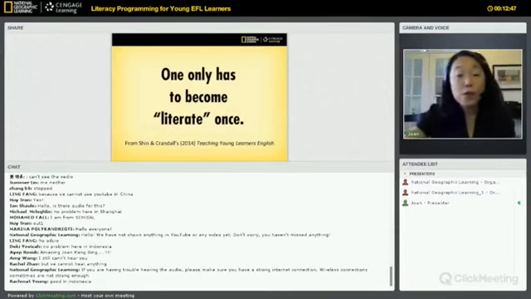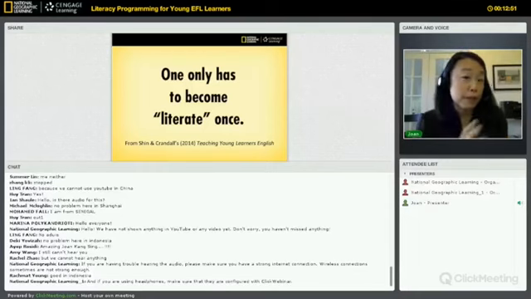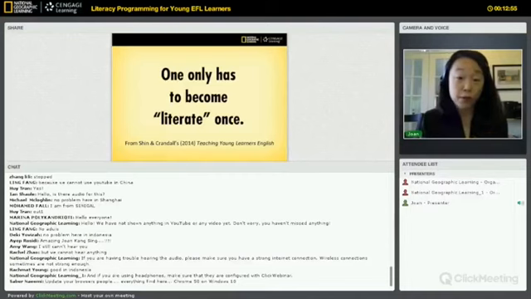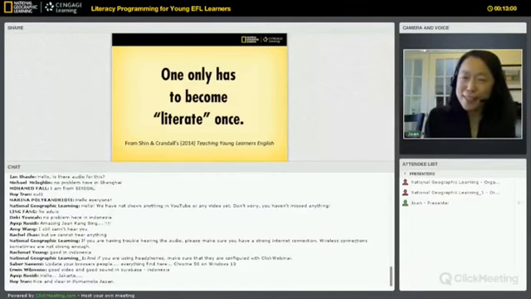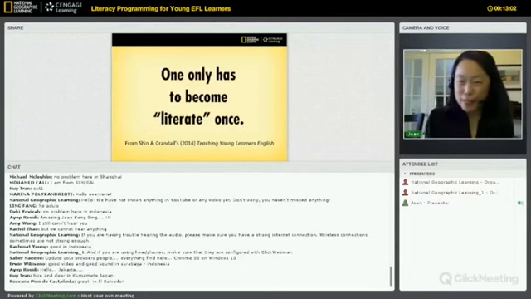So one thing that we want to think about, though, is that for very young learners, maybe who are under 7, maybe they're even in preschool, so 4 or 5 years old, they are still building their literacy skills in their native language, right?